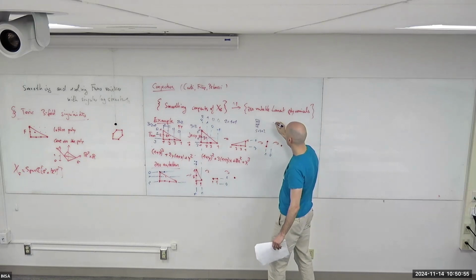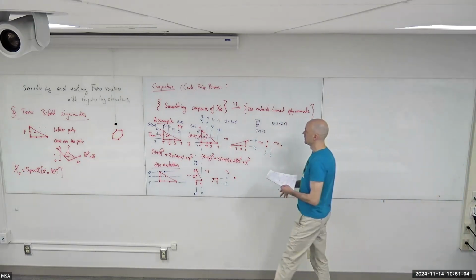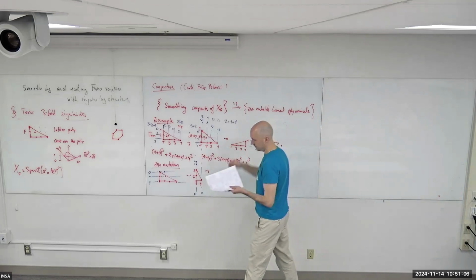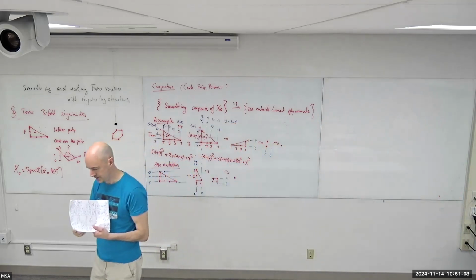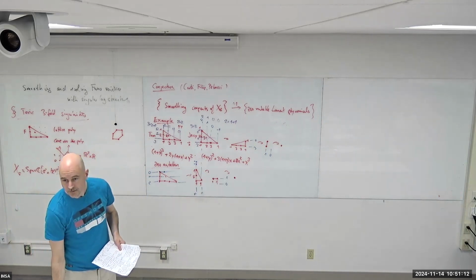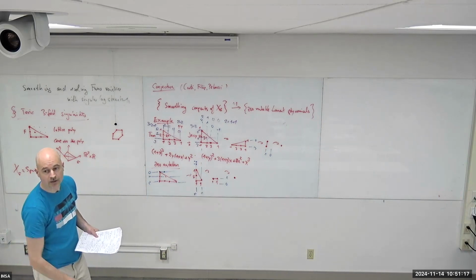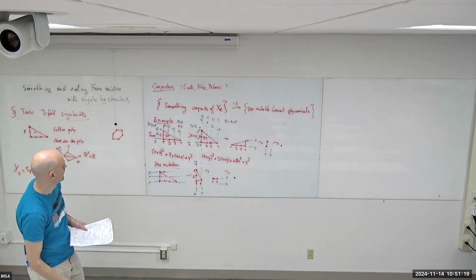When you slice it the other way, you write the number 5 as 2 plus 2 plus 1. That's a dualization of a Young diagram. So I can dualize these partitions.